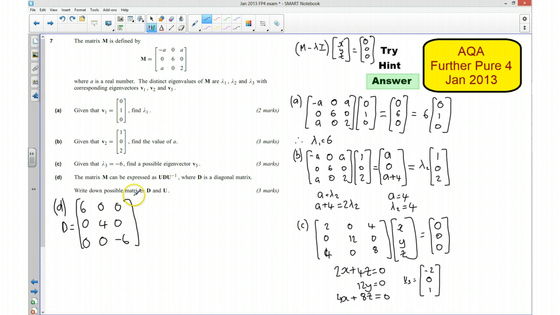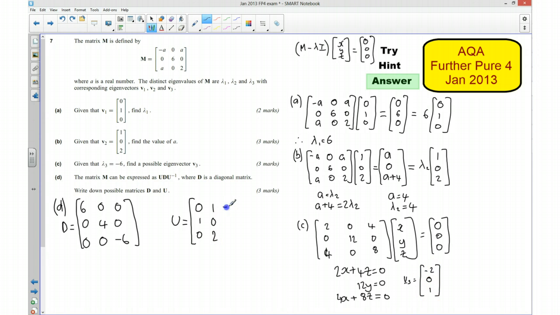Okay, and U, well, that's going to be made up of our eigenvectors that correspond with these eigenvalues. So eigenvector 1 is going to be 0, 1, 0, so we've had that. Eigenvector 2 was 1, 0, 2, and we worked out eigenvector 3 ourselves.